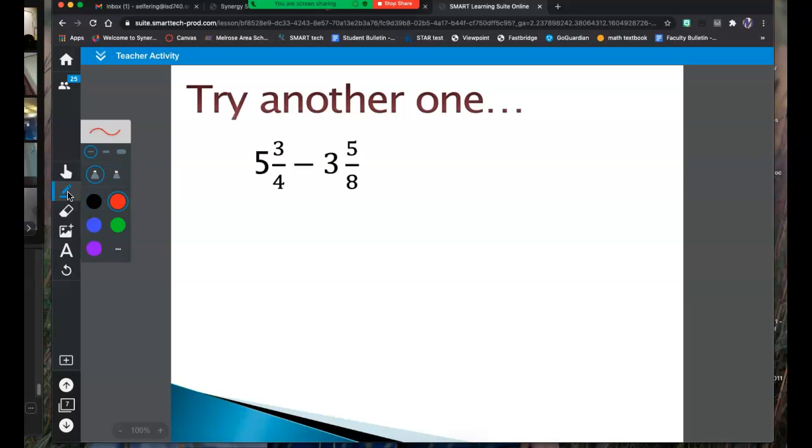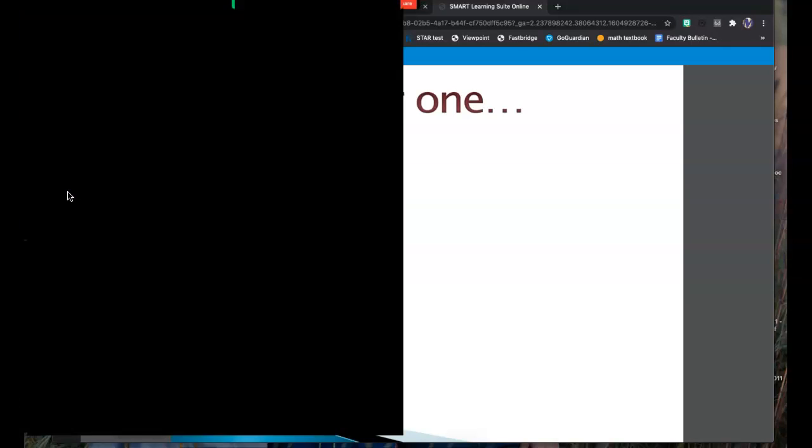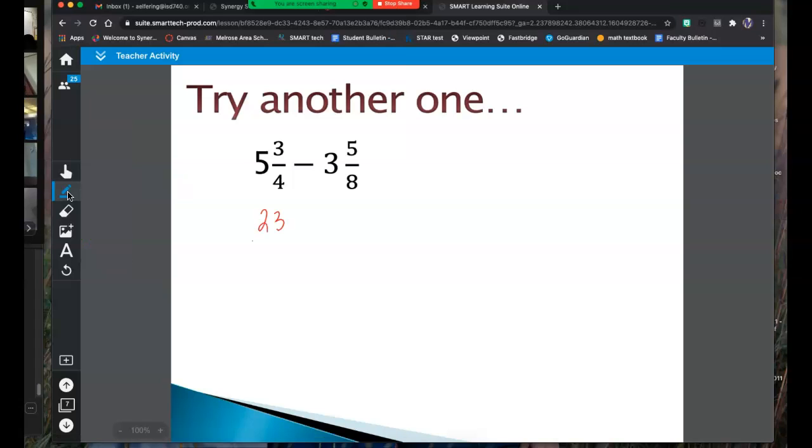I would have written 5 3/4 as an improper fraction, which is 23 over 4, minus 3 5/8, which is 29 over 8. Okay, then I'm going to do the butterfly method.